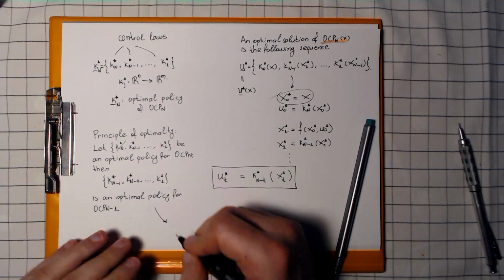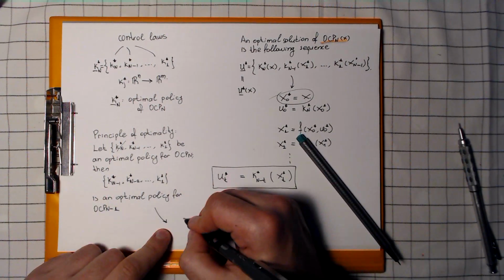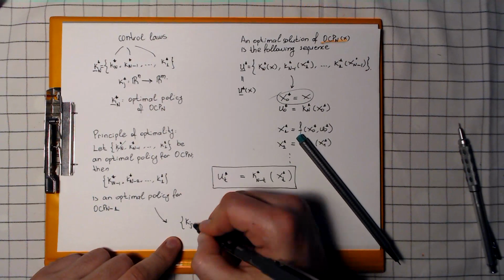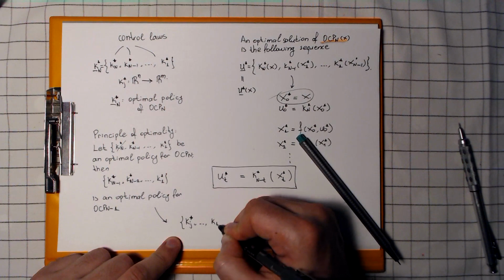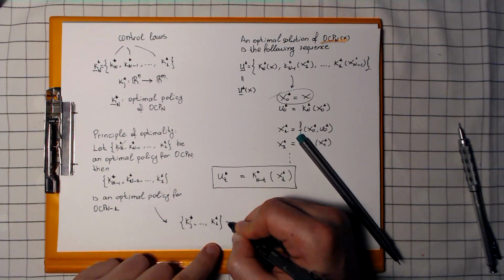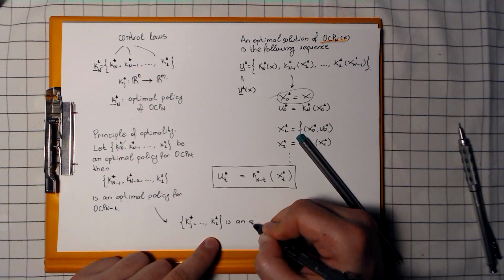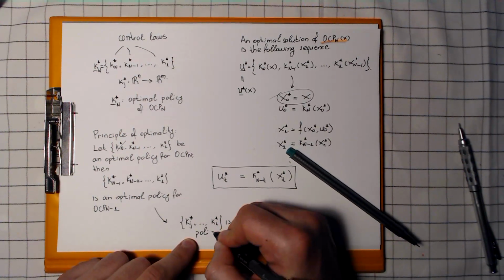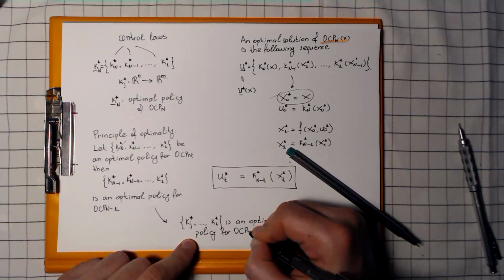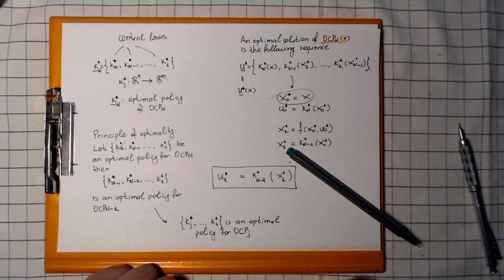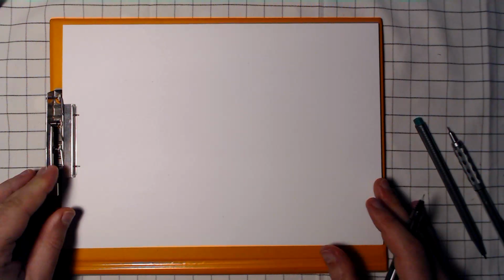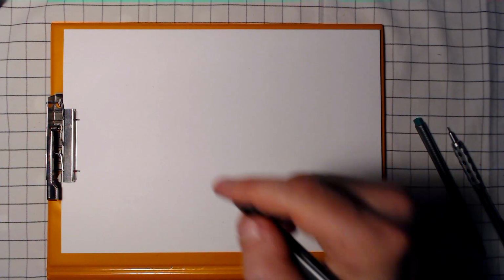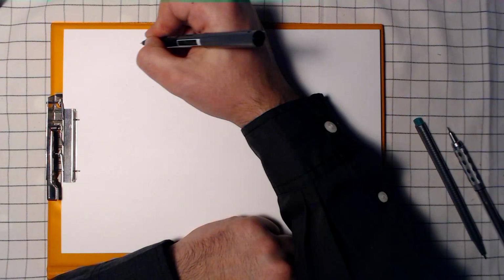And if you truncate that sequence and you keep only kappa from some index j star down to kappa 1 star, this will be an optimal policy for OCP with horizon j. Let me give you an example. Say you have this problem, I will write it down again.